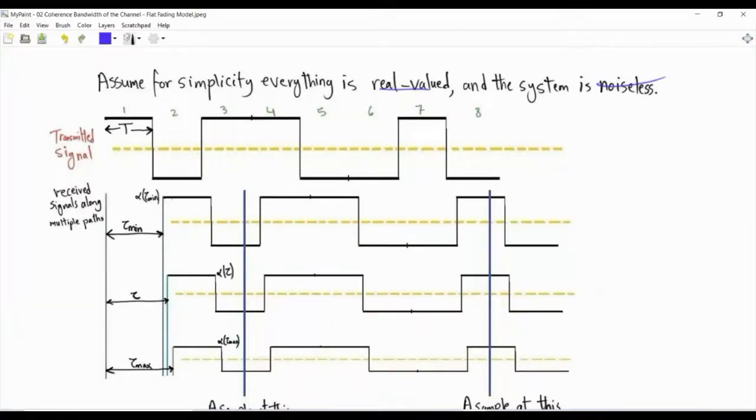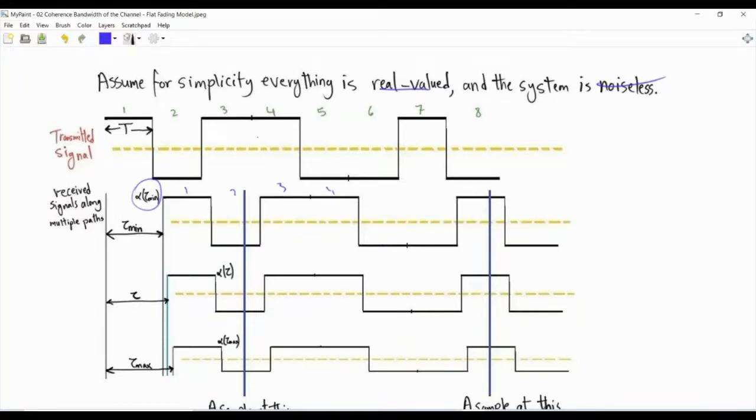So what you get is a delayed copy. Suppose that this is the first copy of the received signal at the receiver. It will come with some amplitude, alpha of tau min, and the same holds for the others, basically pulses 1, 2, 3 and 4. Now they are received.